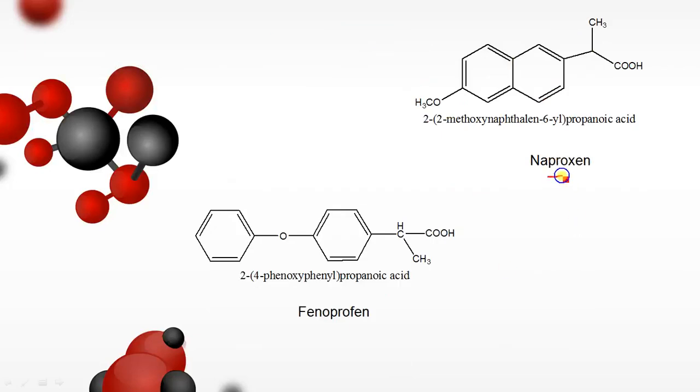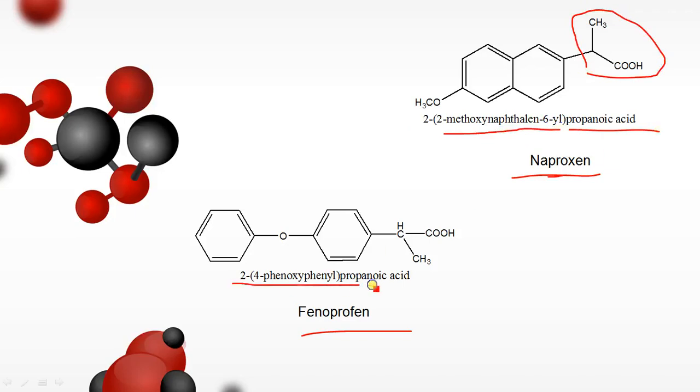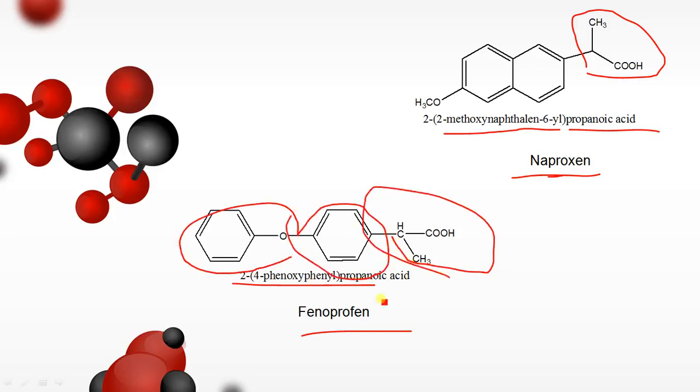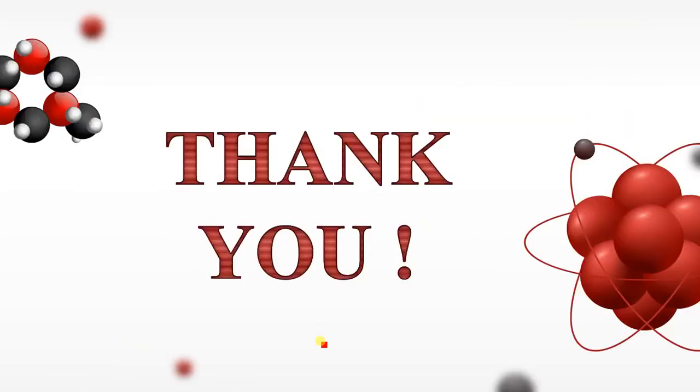Then there are naproxen and fenoprofen. Naproxen is also a propionic acid derivative. It is 2-methoxynaphthalene 6-yl propionic acid, and fenoprofen is phenoxyphenyl. This is phenyl and propionic acid derivative.